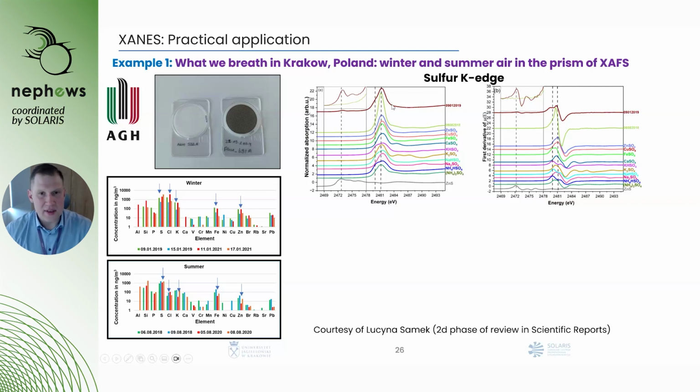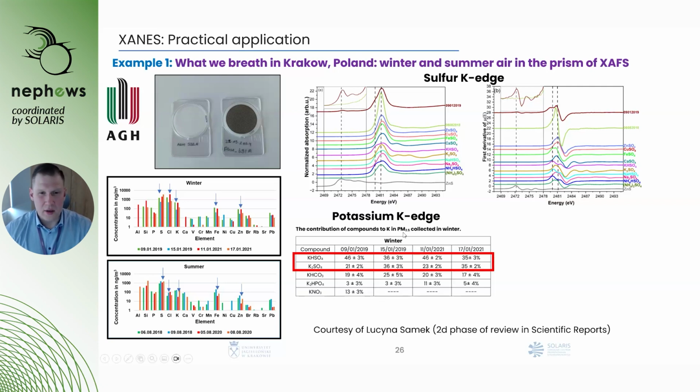And we found that in summer, in the air we mainly have sulfates. But in winter, we have disulfates and also organic compounds of sulfur and sulfides. Measuring at another K-edge, in this case of potassium, allows us to prove that in winter samples we have these disulfates.